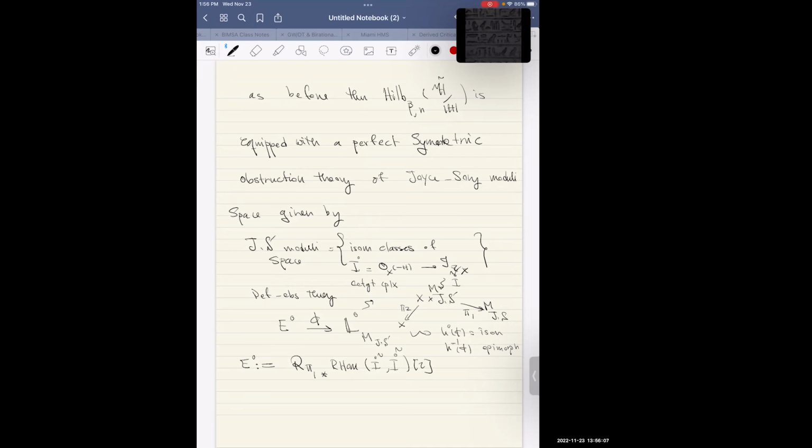I dot tilde is the universal complex. It belongs to the bounded derived category of X times the moduli space of Joyce-Song. It's living up there. All right, so that's what it is.